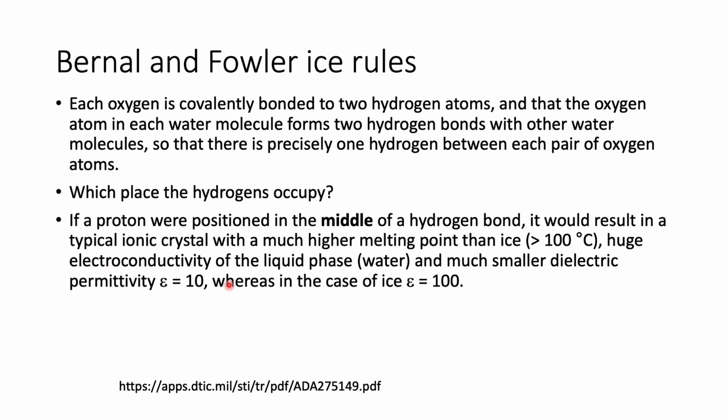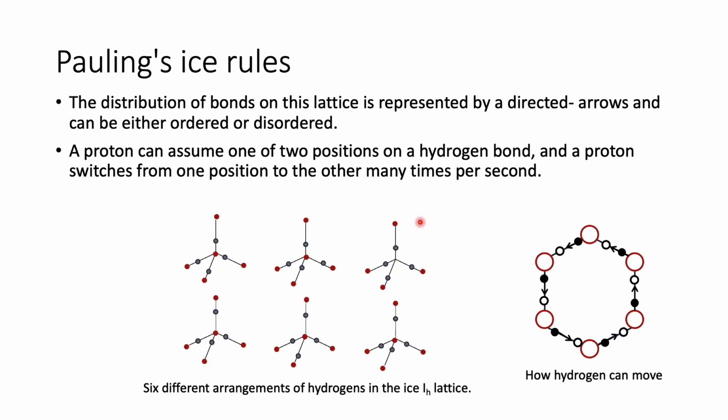It would also have huge electroconductivity of the liquid phase water and a much smaller dielectric permittivity, epsilon equal to 10, whereas in the case of ice, epsilon is equal to 100. So that means hydrogen is not actually present in the middle of the hydrogen bond.